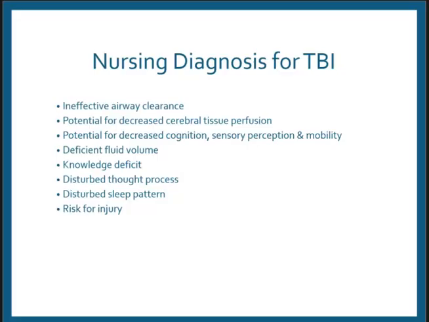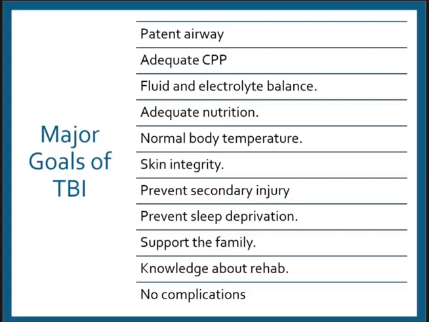And of course, your nursing diagnoses. The biggest thing we're looking at is your Cushing's triad, so making sure that they're being perfused, that they're breathing, and monitoring your level of consciousness. And our goal is to keep the airway open, adequate perfusion, cranial perfusion, fluid and electrolyte balance.